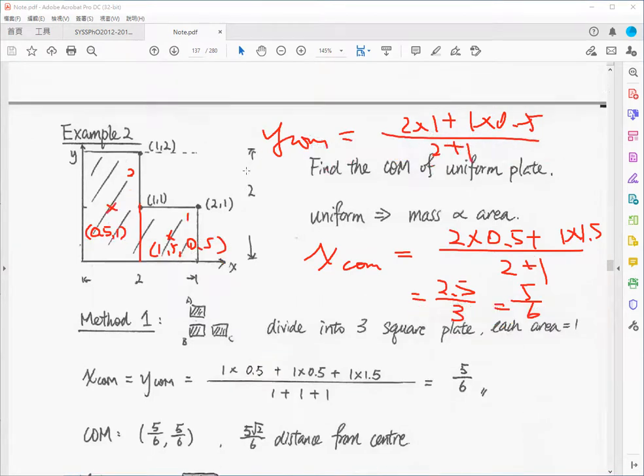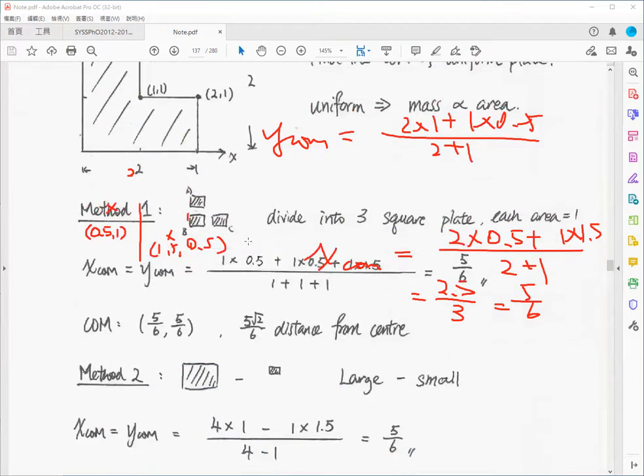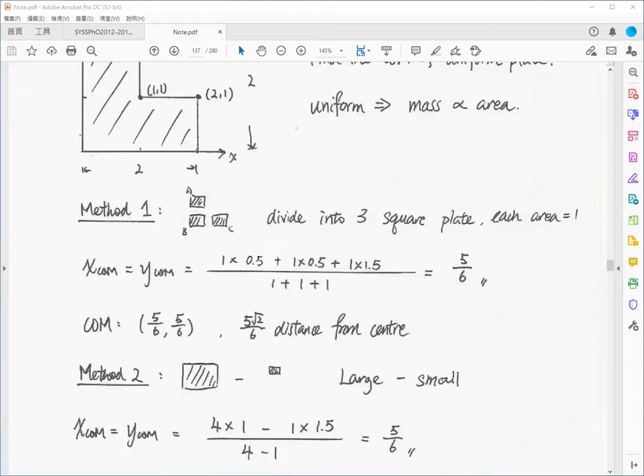But there's another easier method for you to do it. You may also consider the L shape as a big square, subtract a small square. If you subtract this small square, then you need to consider the mass of this small square to be negative.